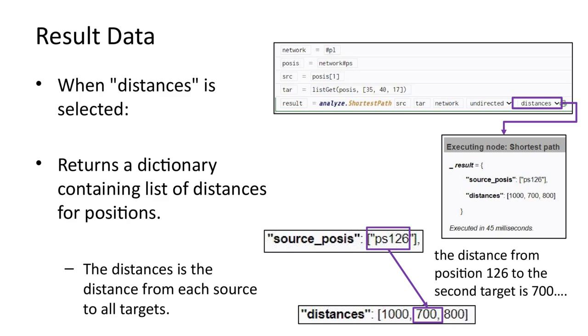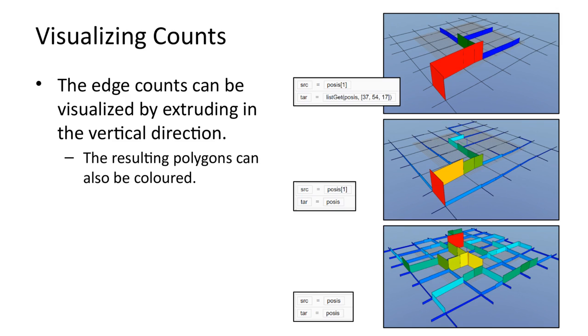Next we will look at how some of this data can be visualized. A simple and effective way of visualizing the data is by extruding geometry upwards. The height of the extrusion can be made proportional to the data value being visualized. Adding a gradient color further enhances the visualization, making the contrast clearer.